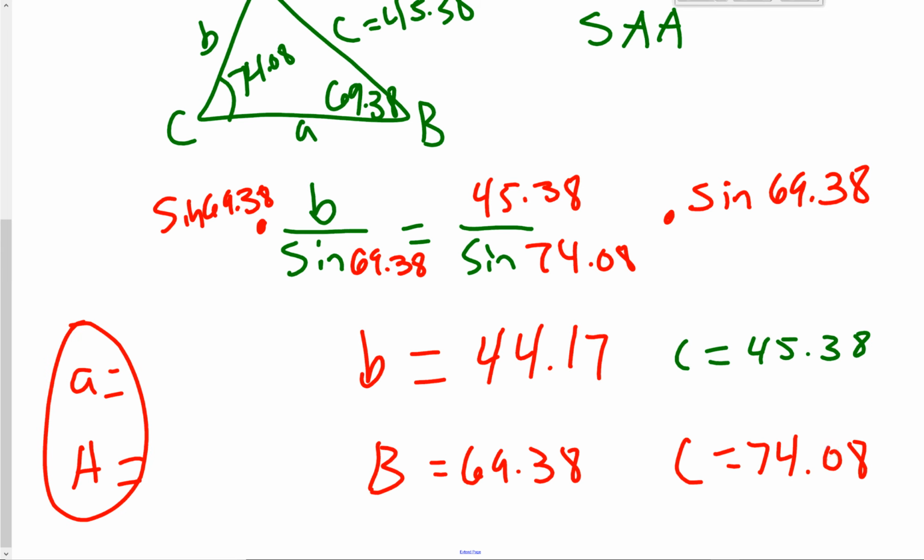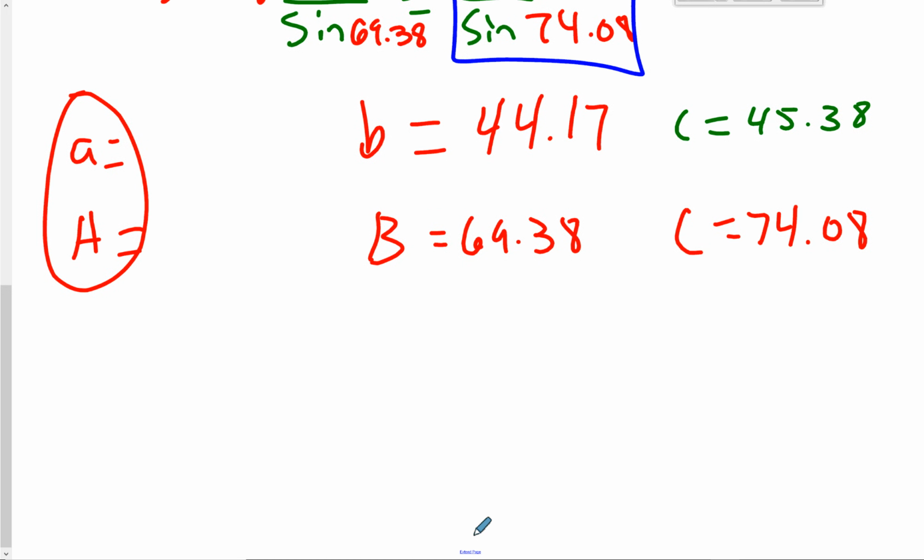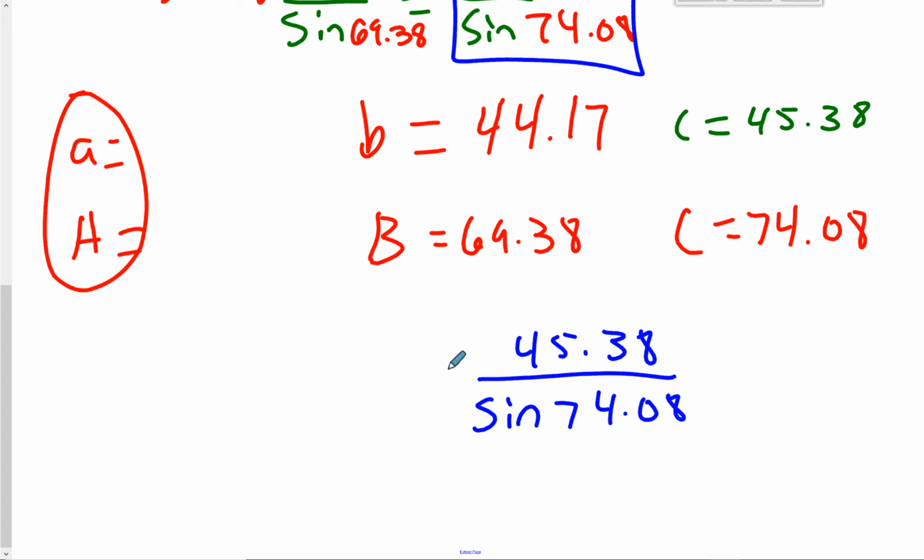Well, I can just set it up for what I already know. I already know the two that I have, so I'm going to use those two. Now I want little a and big A, but I have two missing pieces.